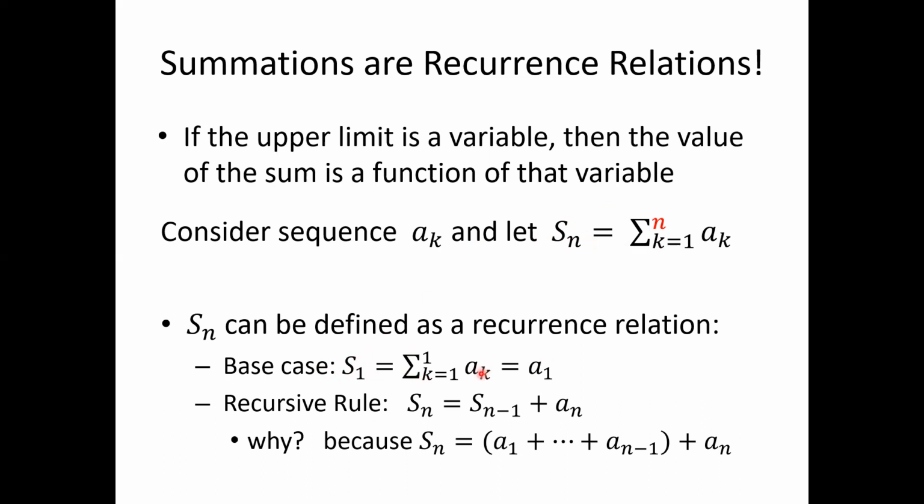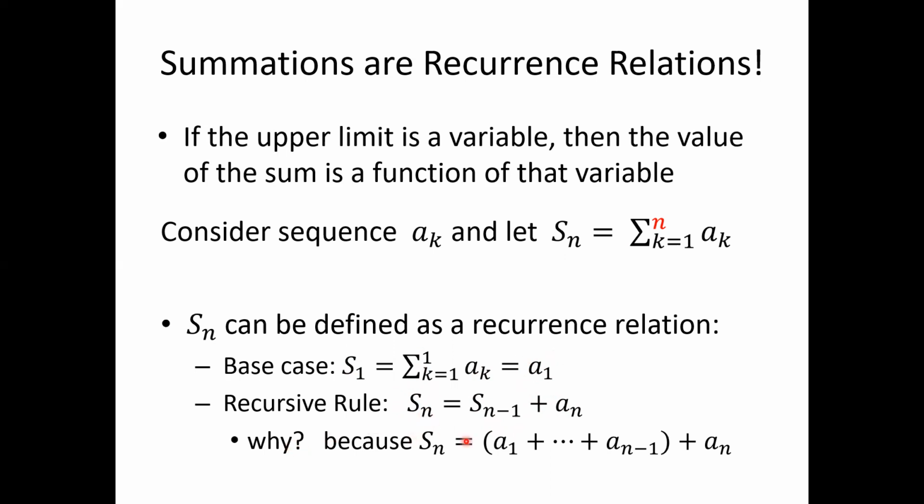Well, it's simply a_1, because a summation of all a_k elements from k equal 1 to k equal n, which is 1, in other words, I range from 1 to 1, there's only one element in the summation, which is a_1. So S_1 is simply a_1. The recursive rule is that S_n is the previous element of the sequence, S_{n-1}, plus a_n. This is a recurrence relation that defines S_n.